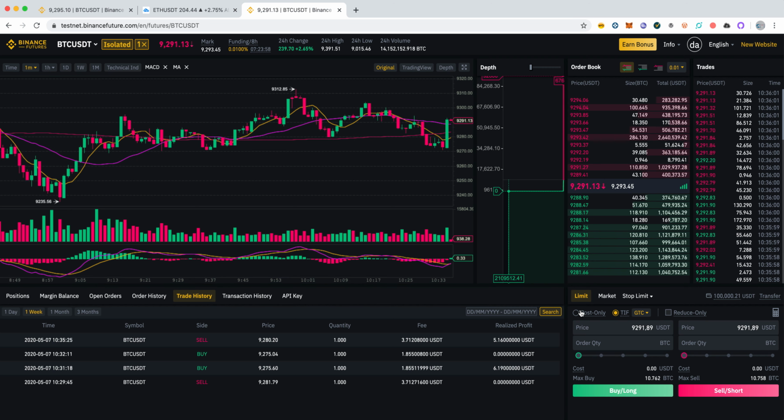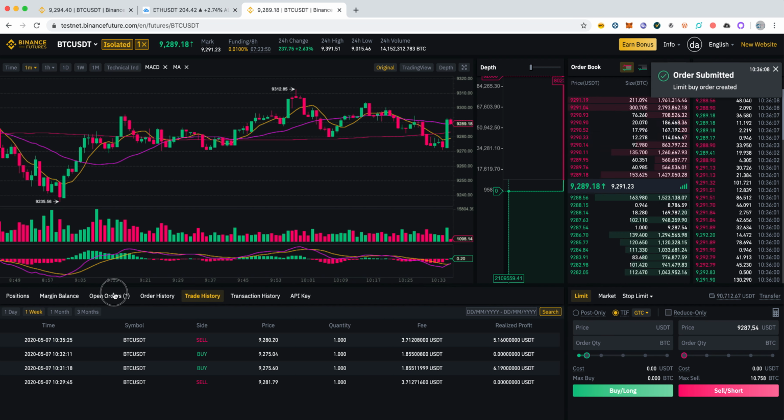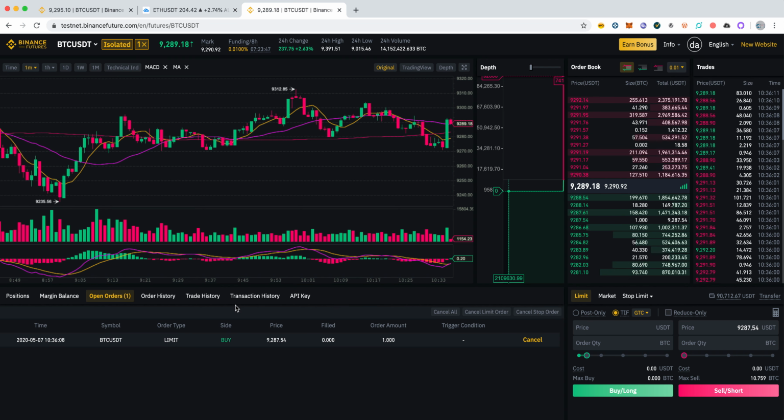So let's check how we can set, for example, a stop loss. Let's do it here. I set a limit order and it is waiting to be triggered. Someone sell on me, please. Nobody wants to fill this tiny 1 Bitcoin order.